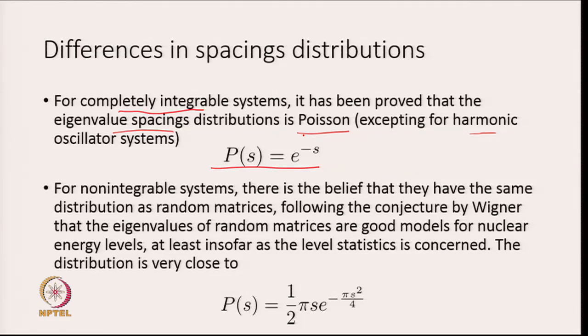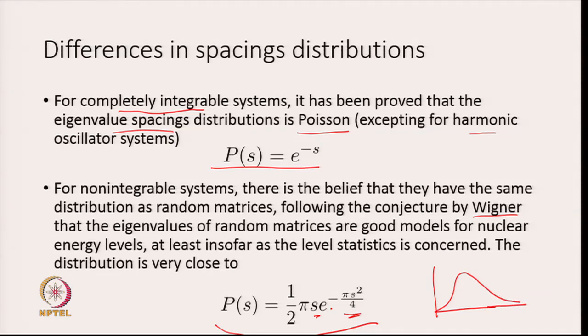And this goes back to a conjecture by Eugene Wigner that the eigenvalues of random matrices should provide a good model for nuclear energy levels, at least as far as the statistics of the levels were concerned. Wigner surmised that the distribution would be something like this. This is basically a Gaussian, but it's multiplied by S. So this actually is a distribution that looks something like so.